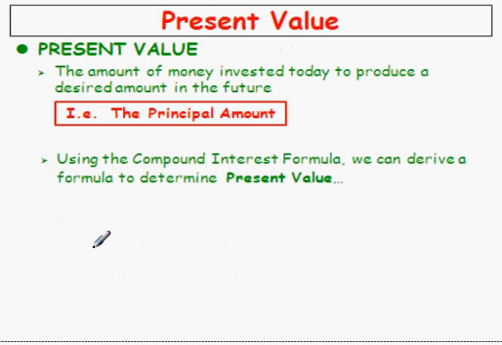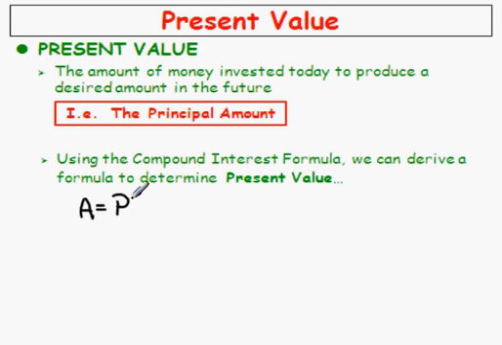If we want to find the present value, so the amount of money invested today, that's the same as finding the principal amount. So we can take our compound interest formula and rewrite our letters as future value and present value if we want. Future value is how much money we're going to end up with, and present value is how much money we're starting with.